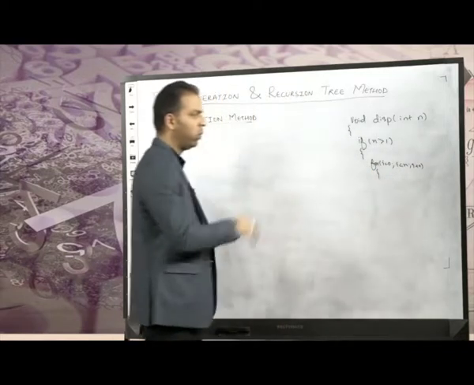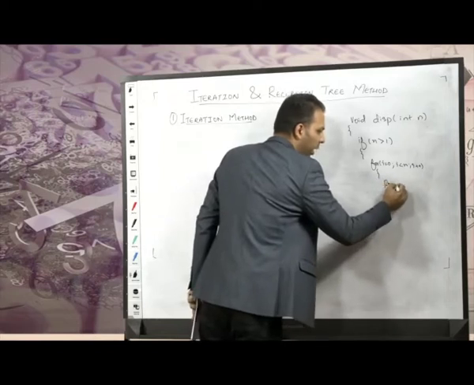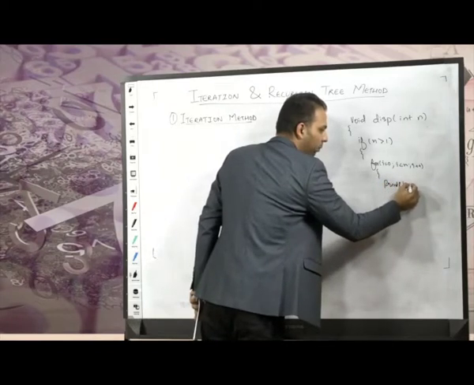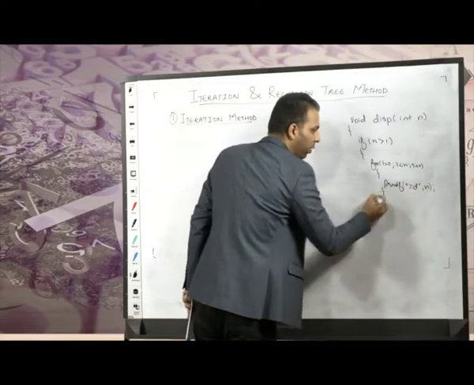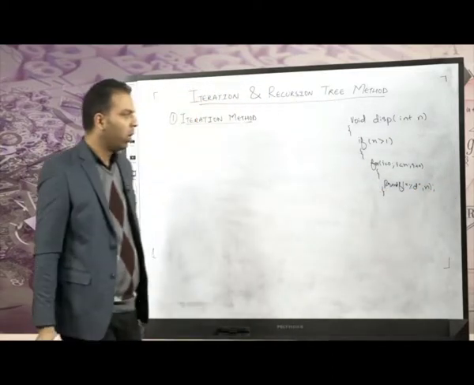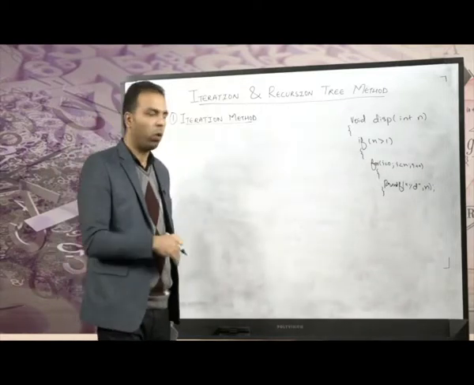Inside this for loop, we have a print statement, or any statement we can have. I am writing this print statement so that we'll get an idea how it is being executed.